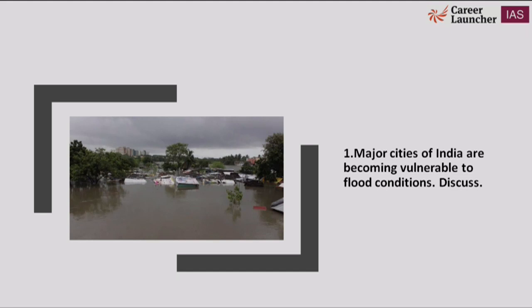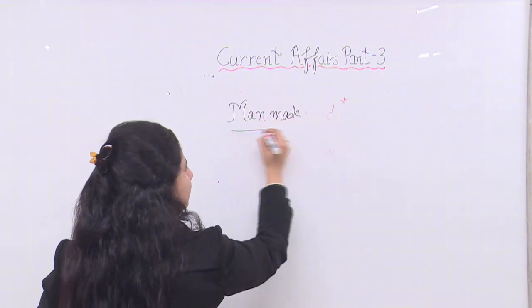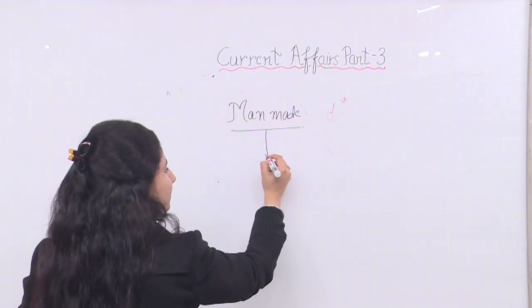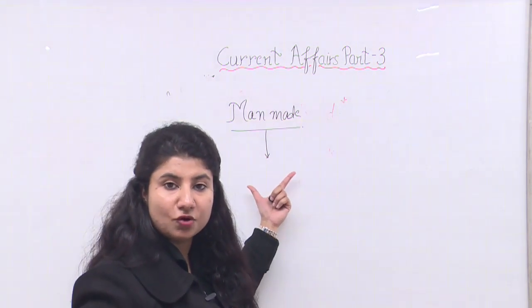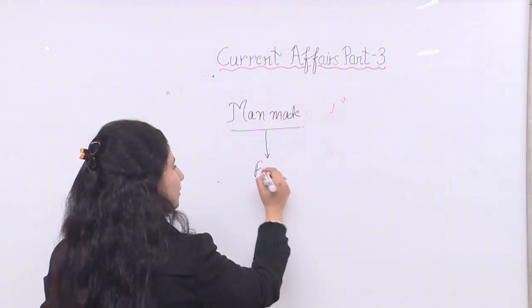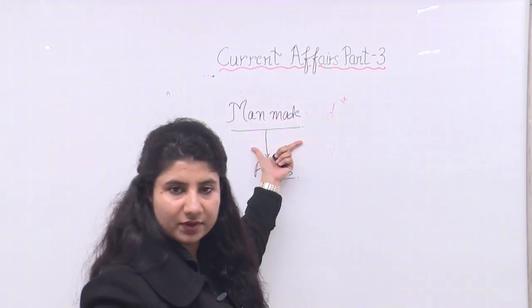The question says major cities of India are becoming vulnerable to flood conditions. The reason has to be obviously man-made. Because of man-made reasons, it becomes the triggering point for other things, because of which floods are occurring in a large quantum.